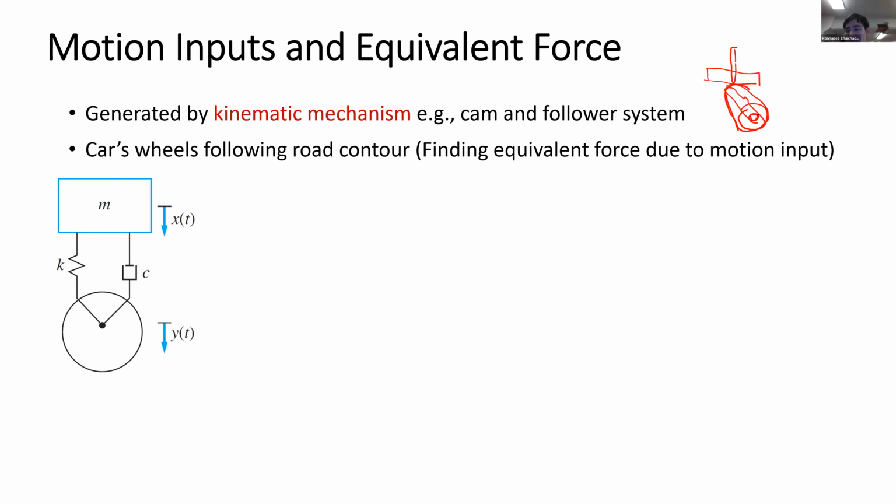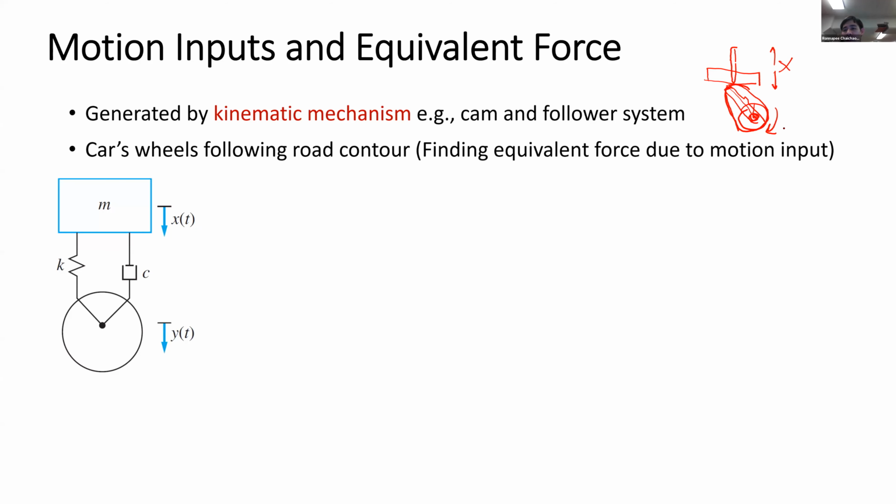The cam means the radius from the rotating point to the contact point here. The radius changes against the angular position, and the follower travels in one linear direction.